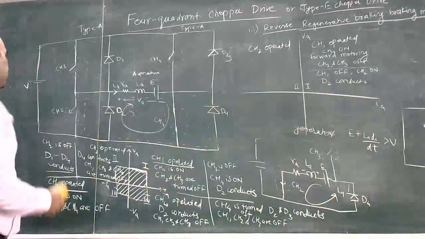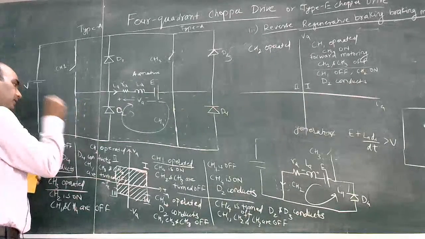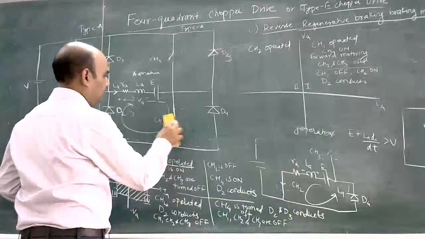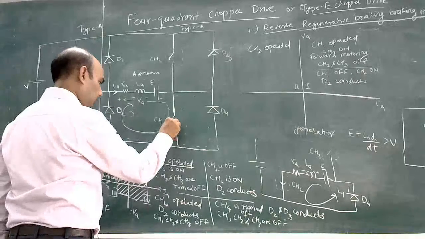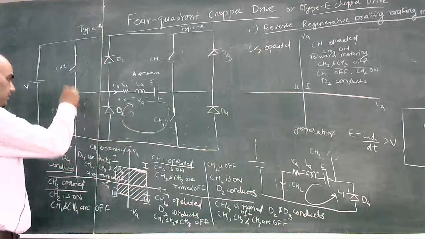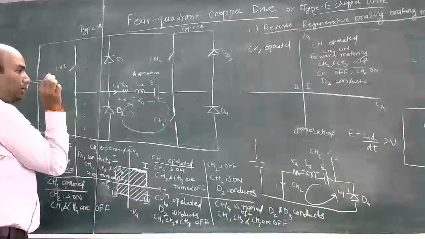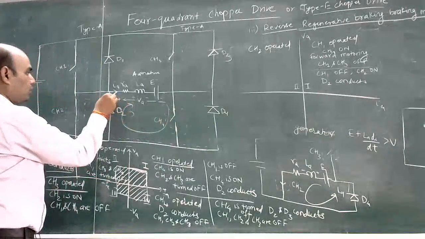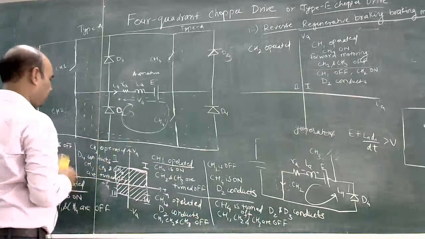So when CH2 is operated, this is short circuit. When current flows in this direction, CH2 is short circuited, so the only path the current will flow is through D. So current will start flowing in the reverse direction to what we assumed earlier.